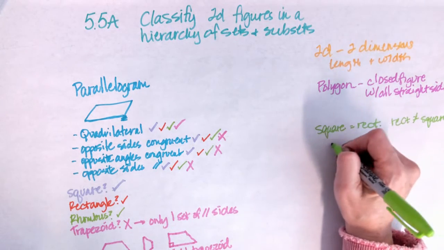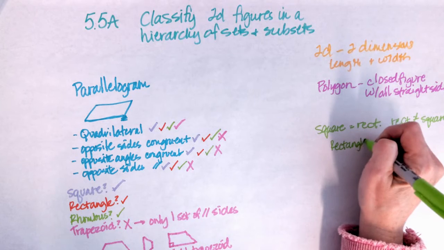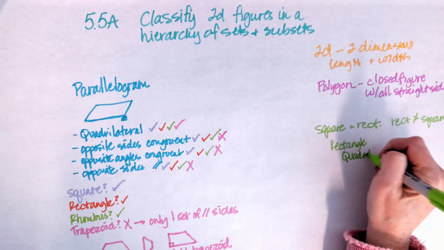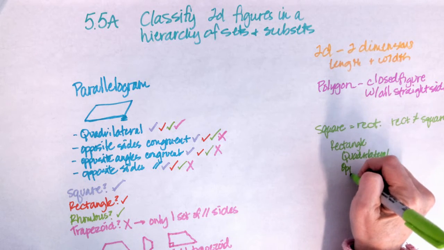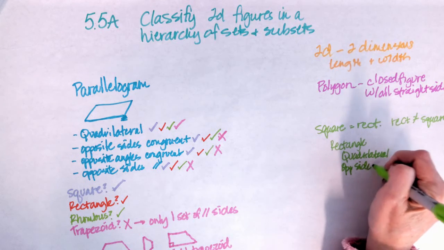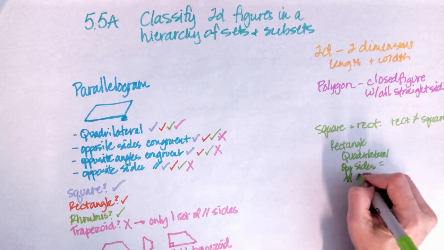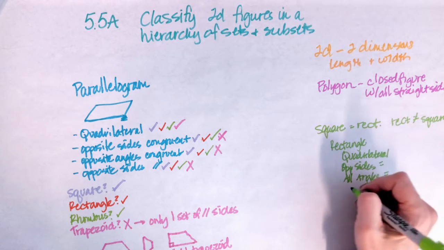What are the attributes of a rectangle? We know it's a quadrilateral. Opposite sides are equal or congruent. All angles are congruent.